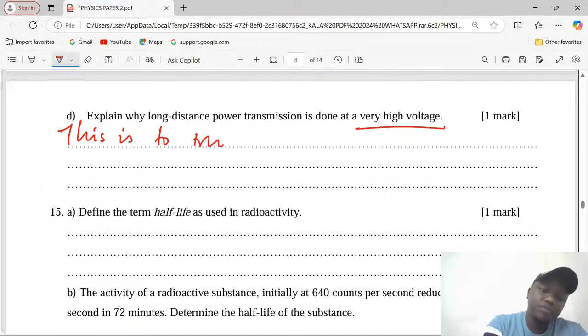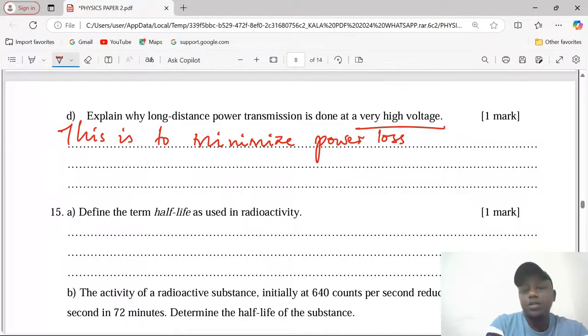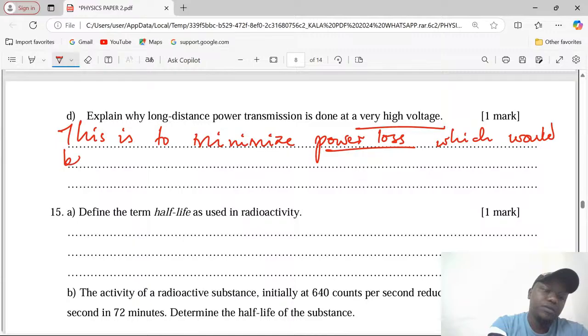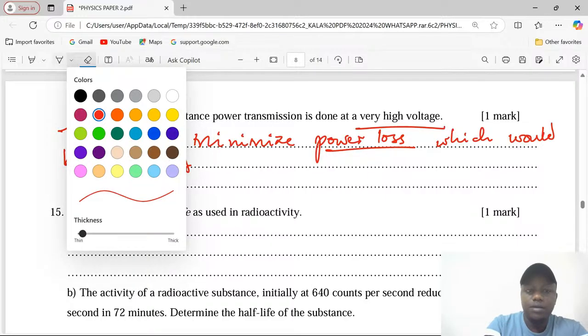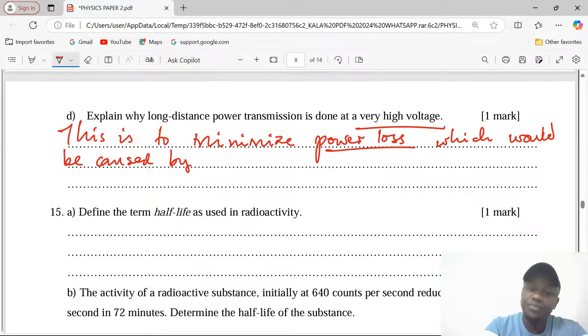So this is to minimize power loss, which would be caused by low voltage transmission, which means high current.